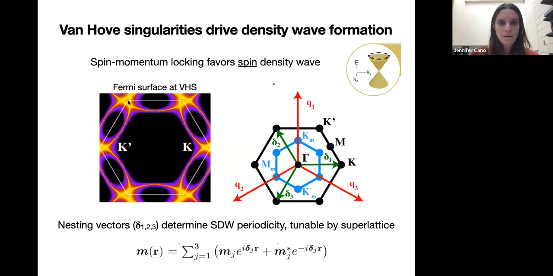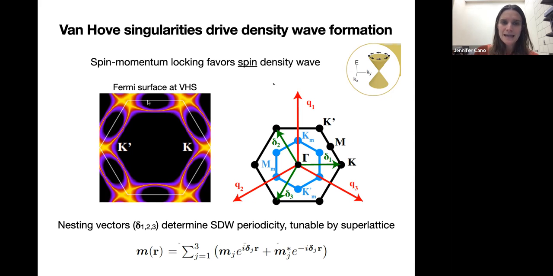Okay, great. So what I was saying is that we have Van Hove singularities near the K and K prime points, and there are nesting vectors that connect them. These nesting vectors are drawn here as delta 1, delta 2, delta 3. For example, delta 1 is this vector connecting the K and K prime points, and similarly delta 2 and delta 3 are these other vectors. So there are those three possible nesting vectors.